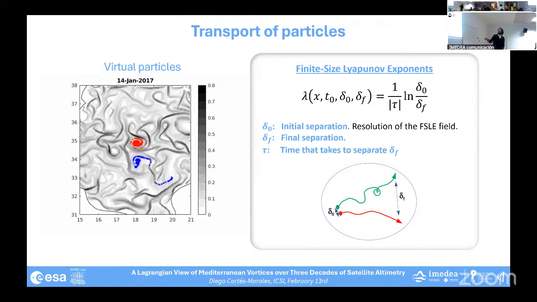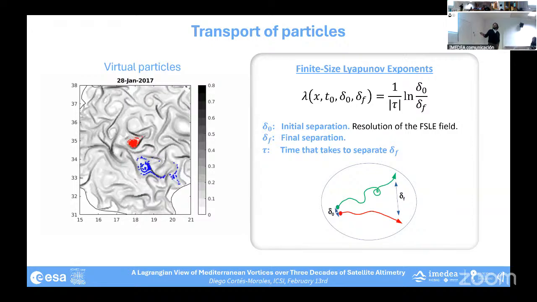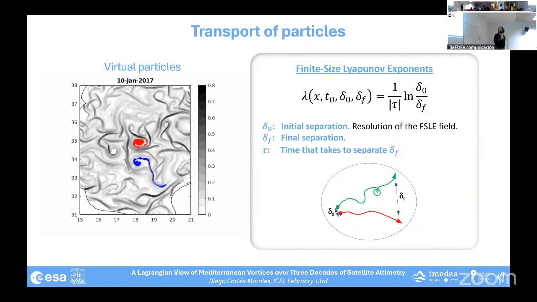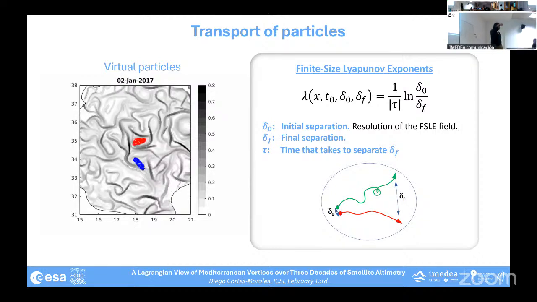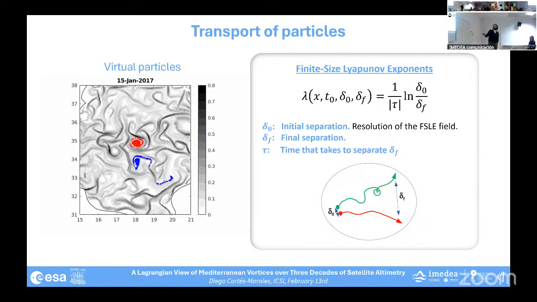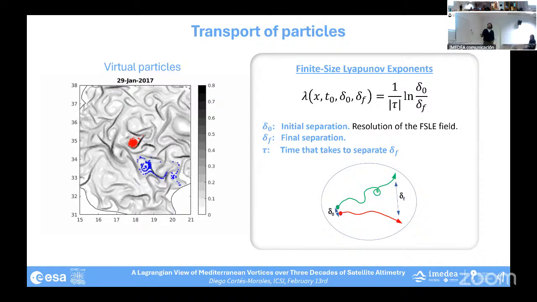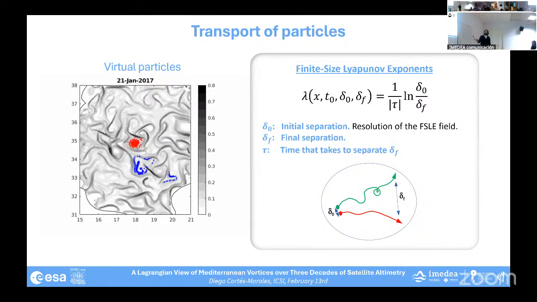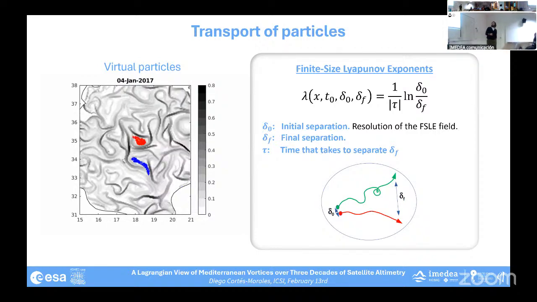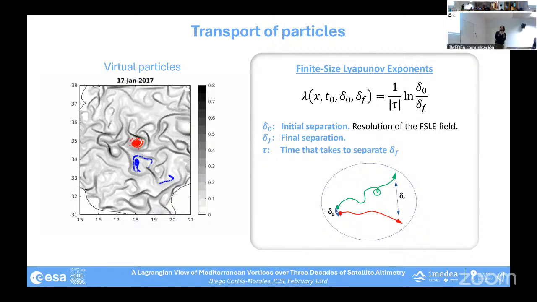Well, this exponent indicates the barriers to the transport of particles across these filaments, but not the transport along the filament. So you can see two clusters of particles. The first one is trapped between an almost closed contour of Lyapunov exponents, trapping the particles within its interior.